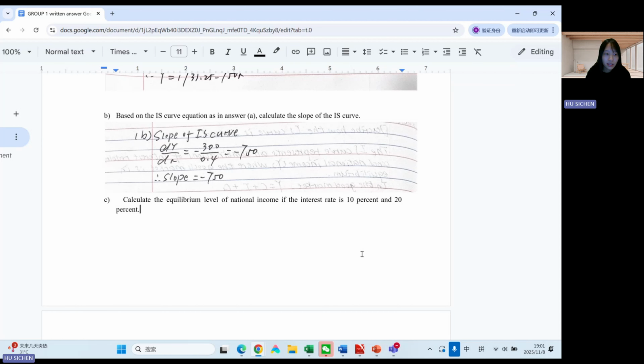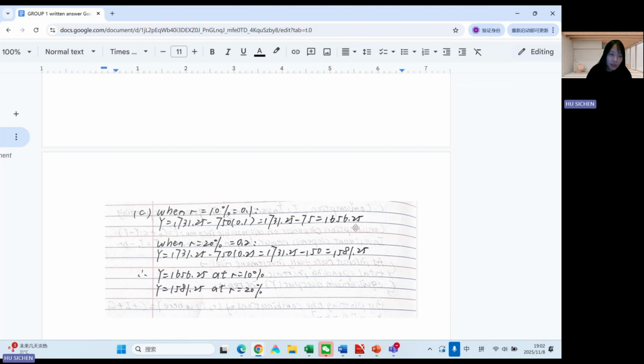Now we look at question C: calculate the equilibrium level of national income if the interest rate is 10% and 20%. If the interest rate R equals 10% equals 0.1, we can substitute 0.1 into this equation, and we get the final answer 1,656.25.